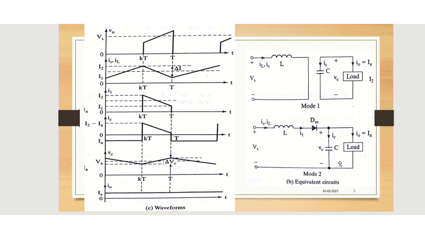The circuit current is because of the inductor, so the capacitor will now be getting charged. As you observe here, the voltage across the capacitor is slowly rising, from a lower voltage to a higher voltage, which we call delta VC.